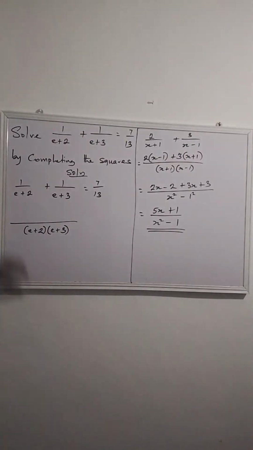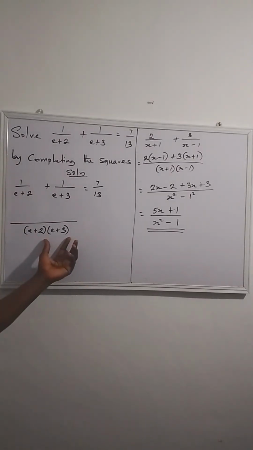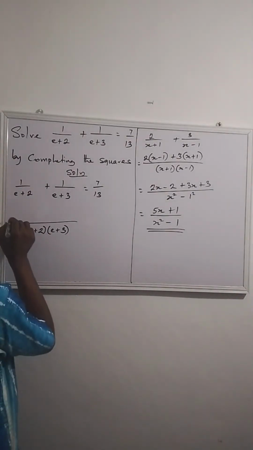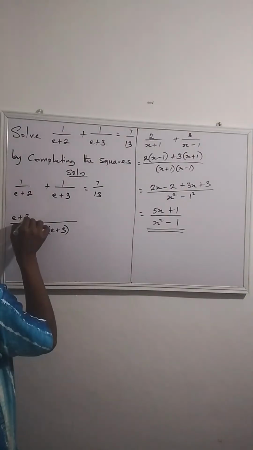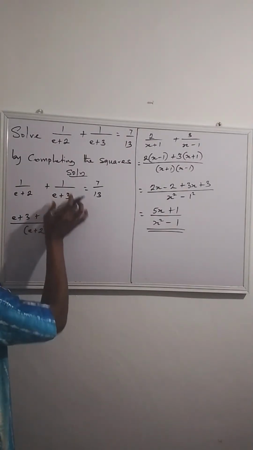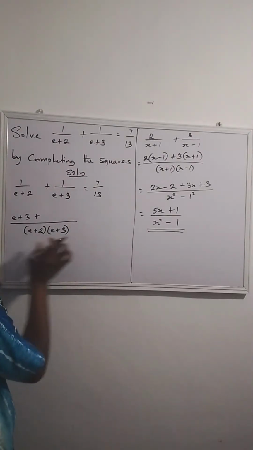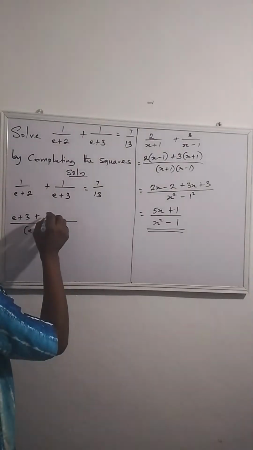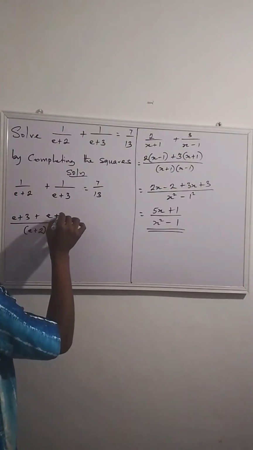Now e plus 2 goes in what we have here, so you'll be left with e plus 3. You use that to multiply 1, you have e plus 3. Now plus, e plus 3 goes here, cancel this one, we are left with e plus 2 times 1. We have e plus 2.